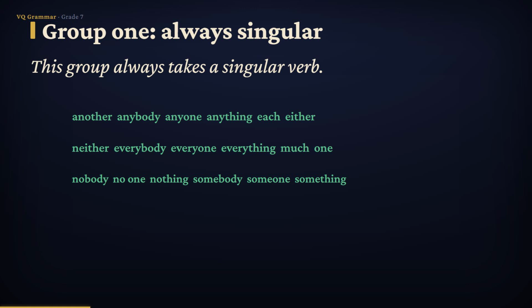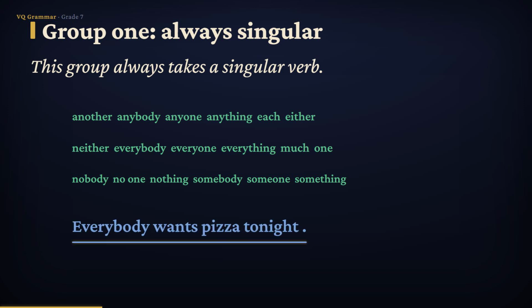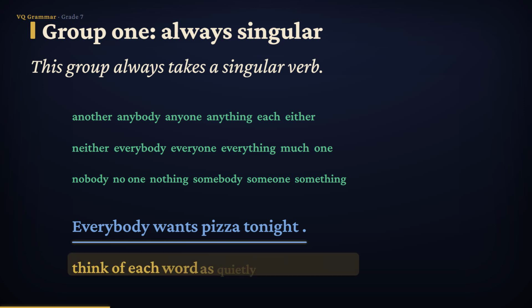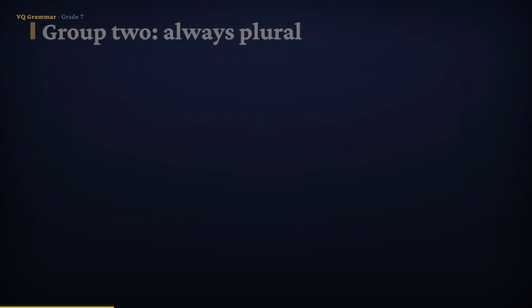Every single one is singular. Here's a simple way to feel it. Each of these really means one, so each takes a singular verb. Listen, everybody wants pizza tonight. Everybody is singular, so the verb is wants with its singular S. Just think of each word as quietly saying one.